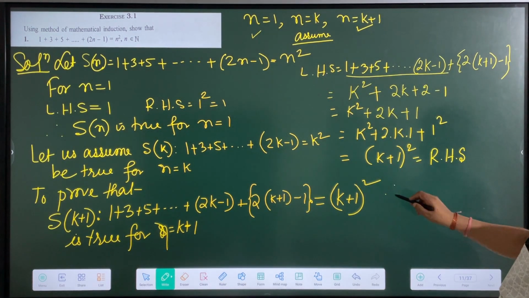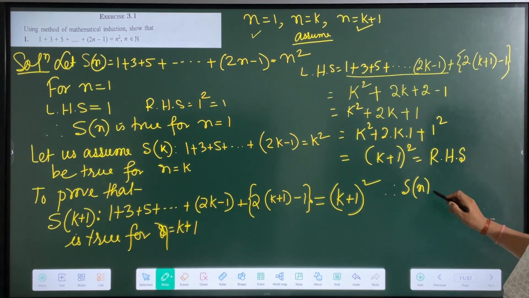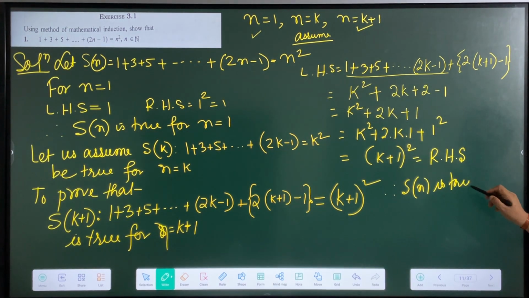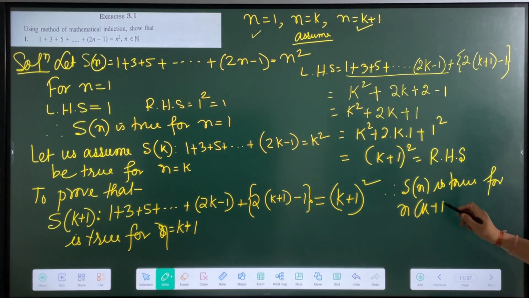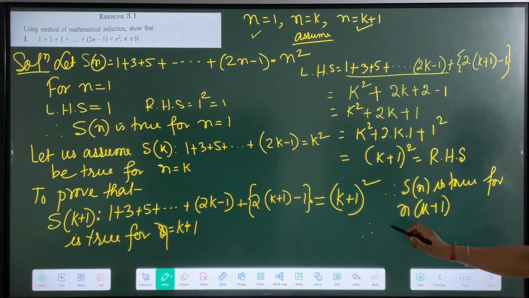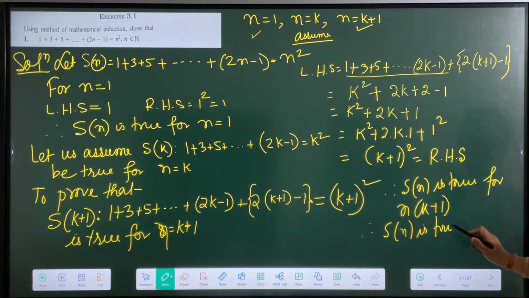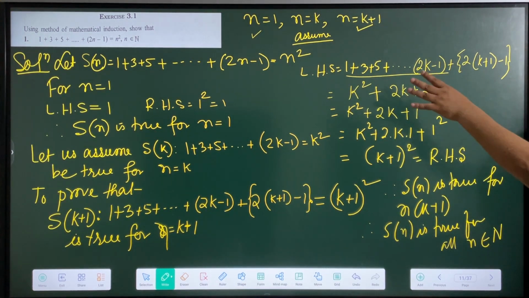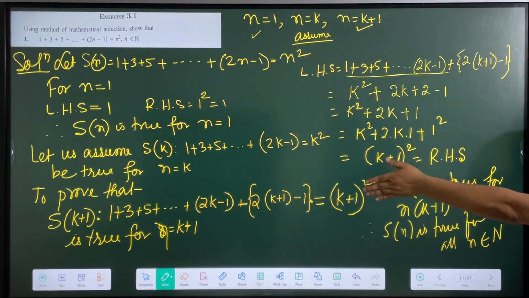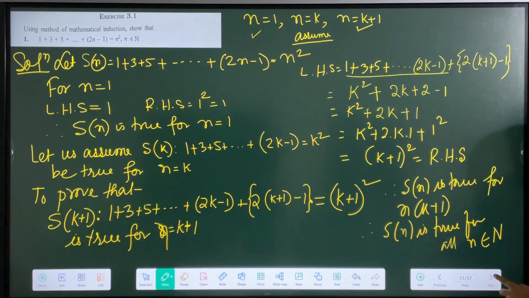So therefore, this one you have to write as Sn is true for n equals k plus 1. So Sn is true for all n belongs to N. We have to prove for 1, k and k plus 1. K plus 1 calculation must be done.